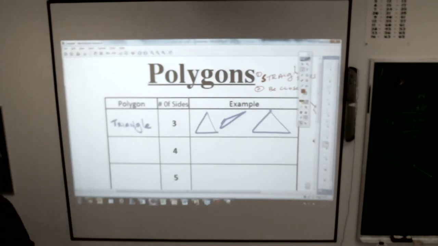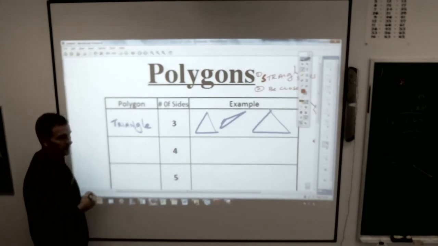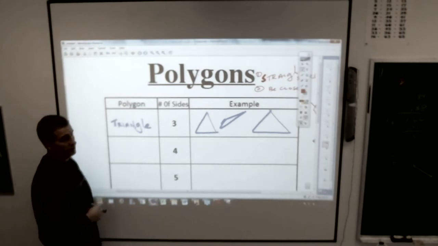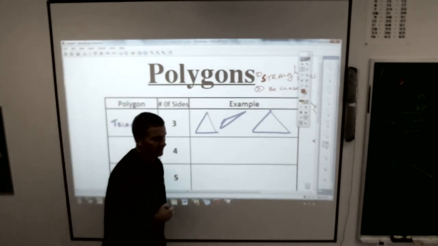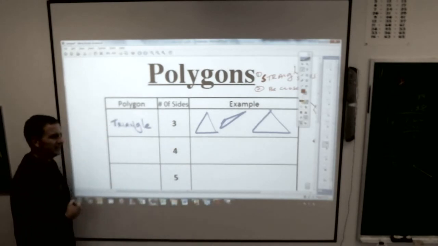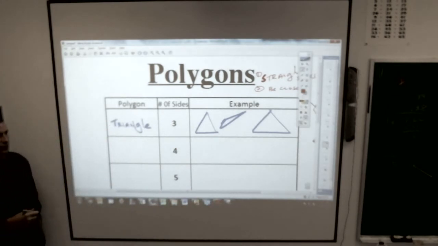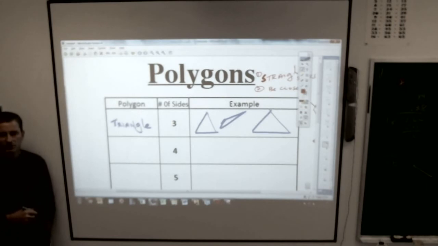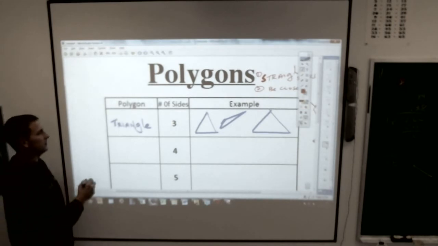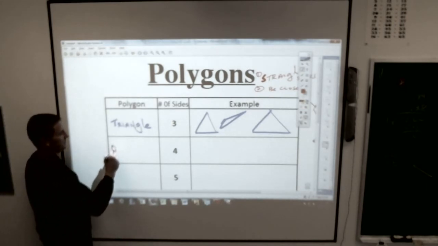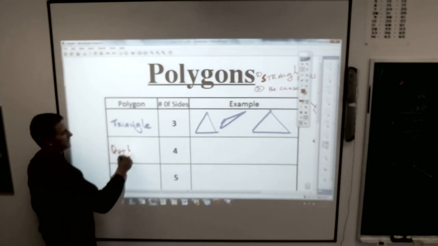It's a special one. Who you got? Lilia? A cube? Well, a cube is a 3-dimensional 4-sided kind of thing there. Ethan? Rectangle? Rectangle is a special kind of one of these 4-sided polygons. So close. Kate? Quadrilateral. There you go. A quadrilateral.